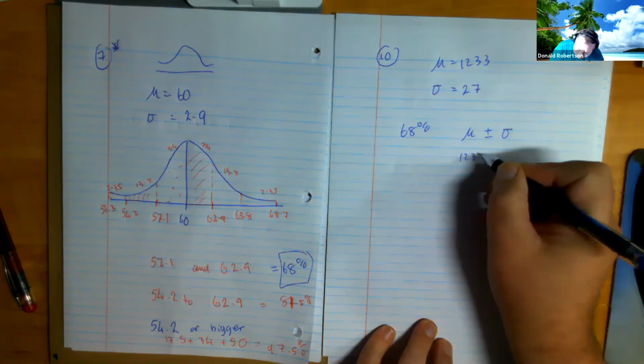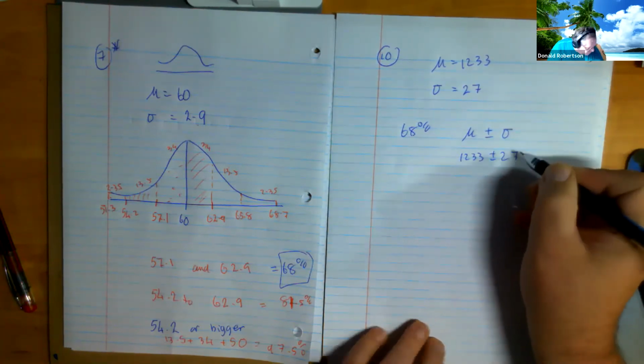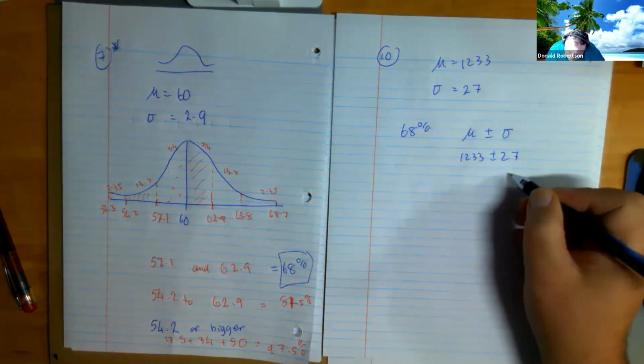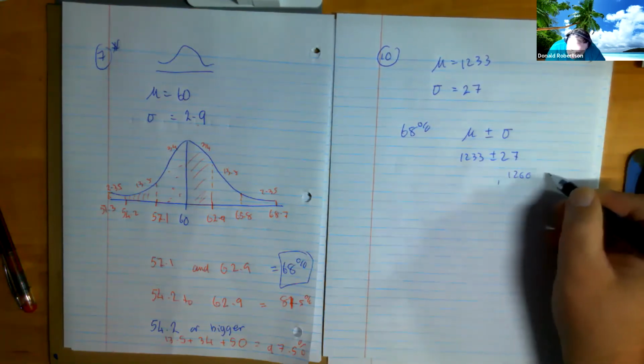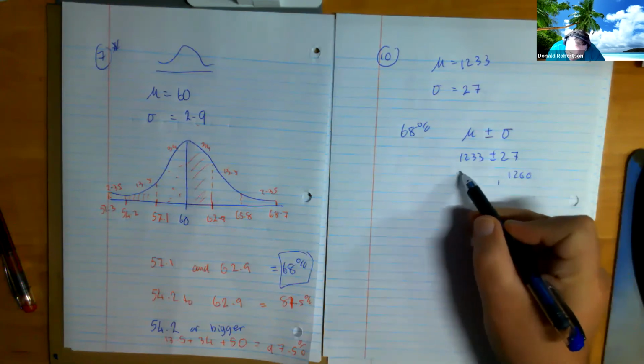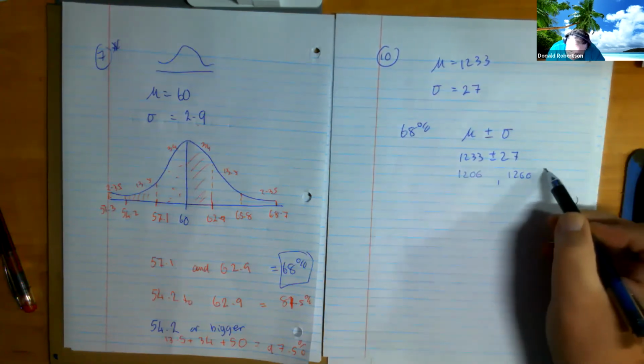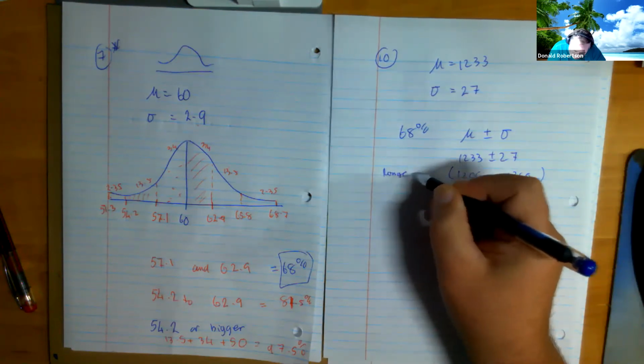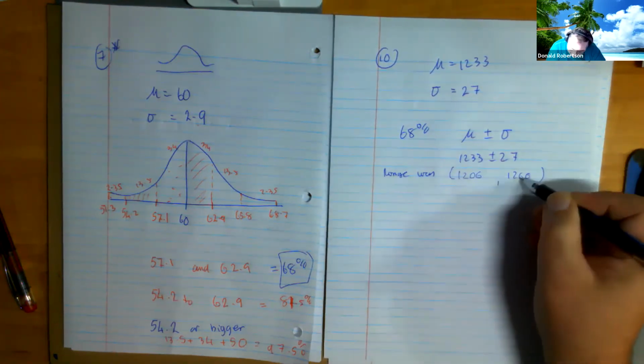So that's 1233 plus or minus 27. And so on the big side, that's 1260. And on the small side, that is 1206. So we would say the range was that number to that number.